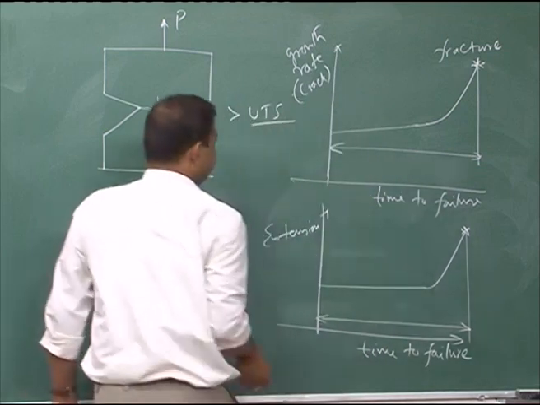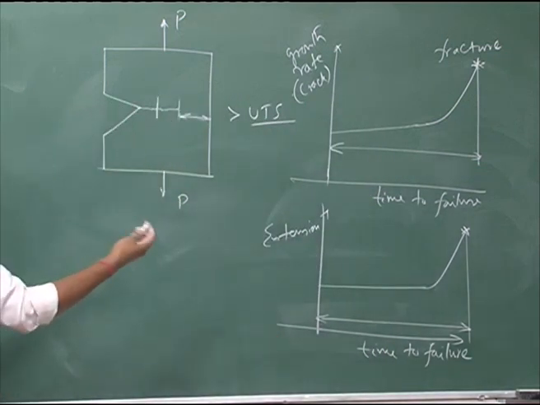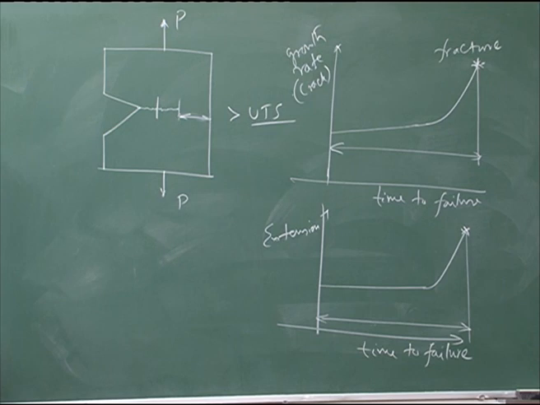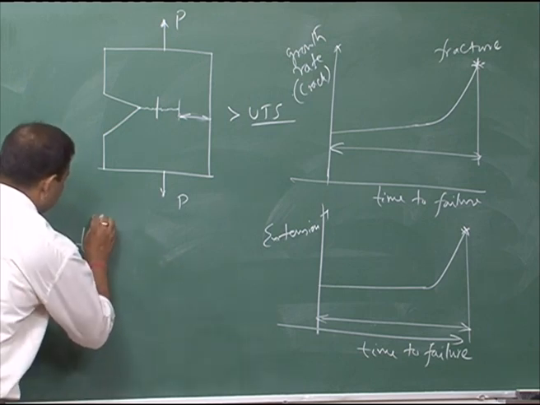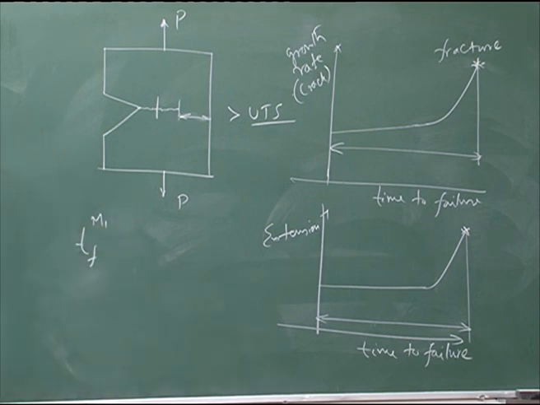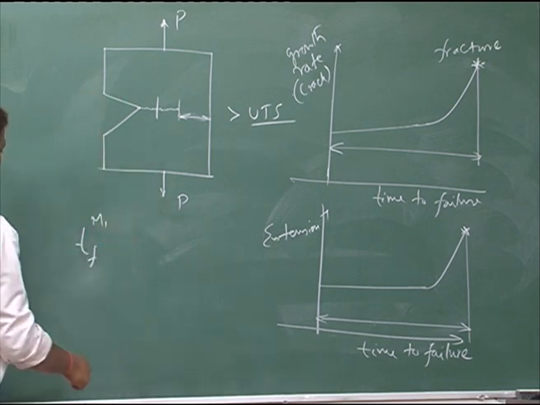So, that means, if a particular metal is exposed to a particular solution, this is TF for metal M1, and another metal M2 is being exposed to the same solution and the same stress level.